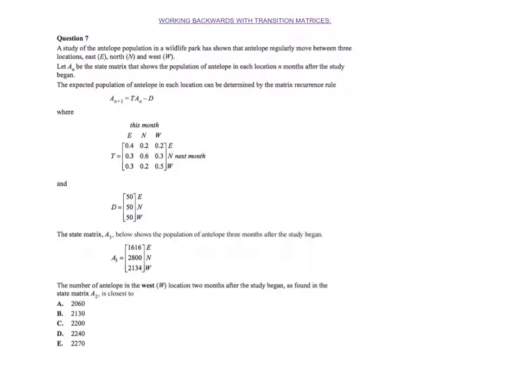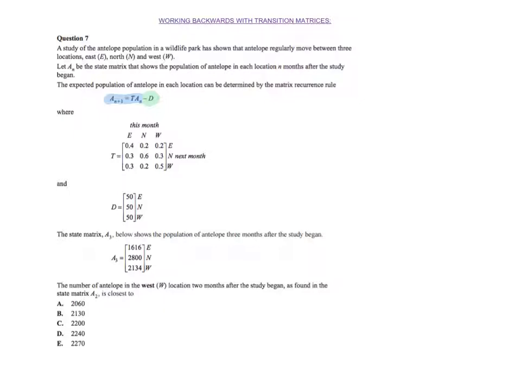Let A_n be the state matrix to show the population of antelope n months after the study began. The expected population of the antelope in each location can be determined by using this rule. So you can see already it's got the extra matrix, which I'm talking about is here. Anything that you do should be step by step. You can't do a power trick. And then they've given you all this.